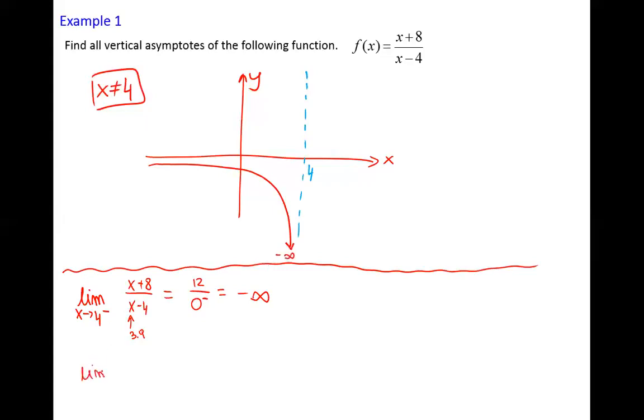And I'm assuming, since everything sounds so simple, that on the right-hand side the limit is still positive. This will be like 4.1, and 4.1 minus 4 is a positive number, so positive infinity. That means the function will go up, right? Positive infinity.